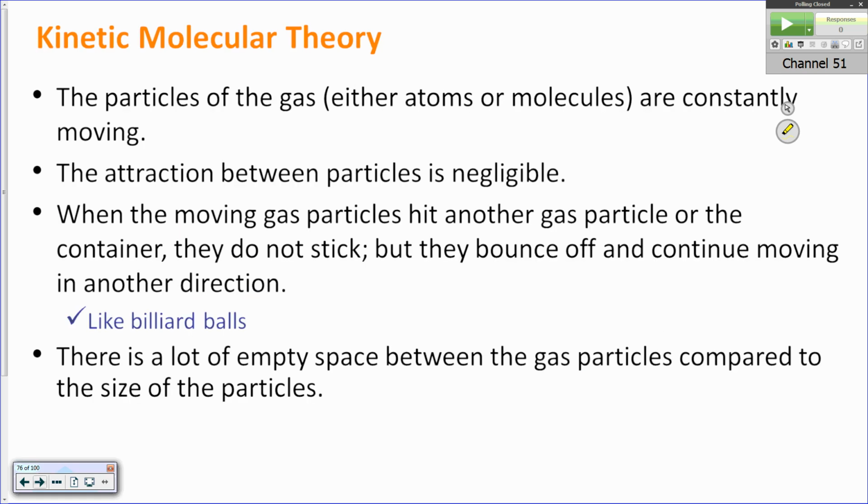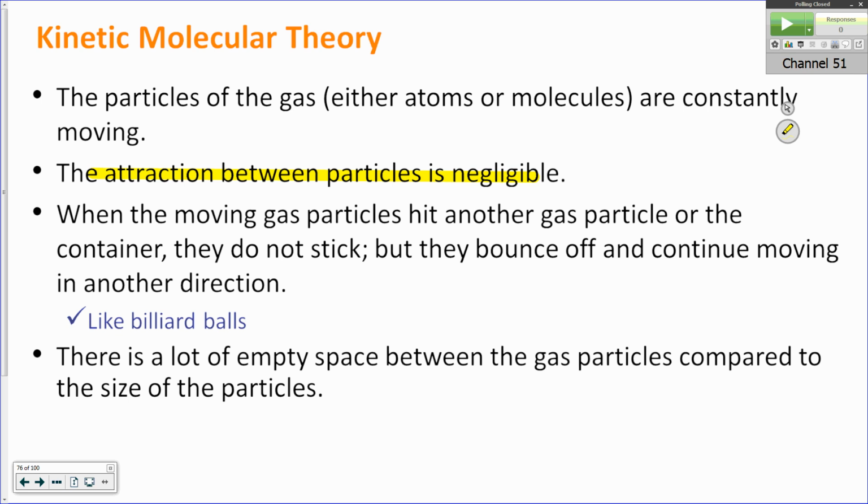That's our concept. It's like bees in a jar moving around, or however you want to compare that to something in nature. With the particles constantly moving, the assumption we're making is that there's not much attraction between the particles. If they go by each other, they just fly right by.